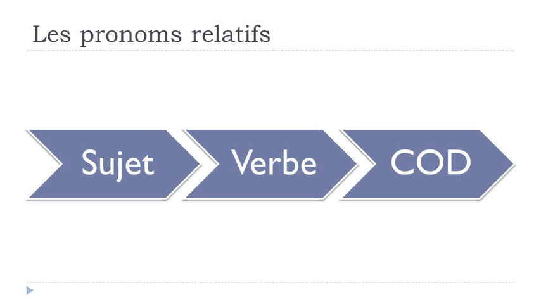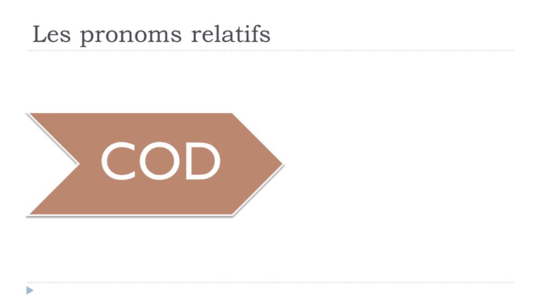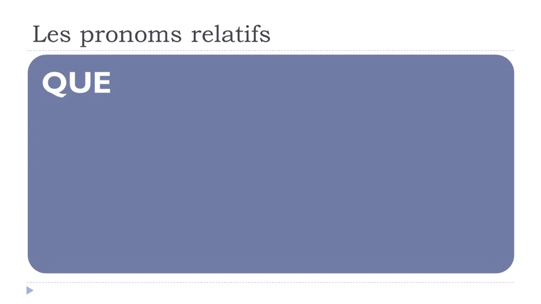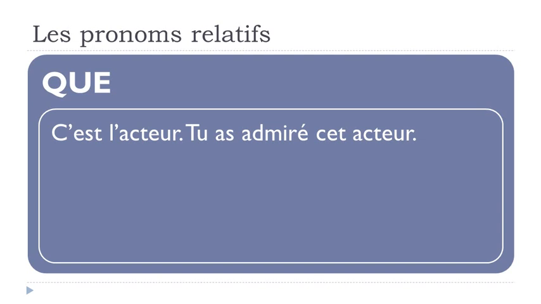But then when we've got this special structure with first le pronom relatif COD, so what we just saw, this que, before the verb, the rule will be that you will have to put the feminine or the plural or the feminine plural at the end of your participe passé.